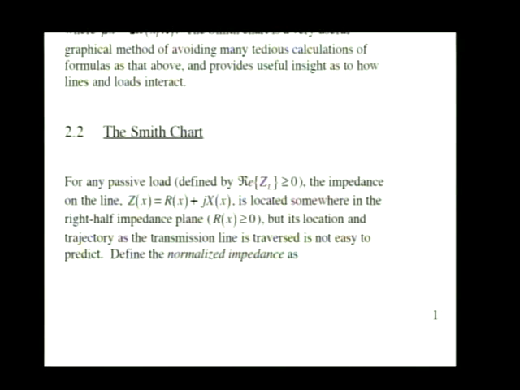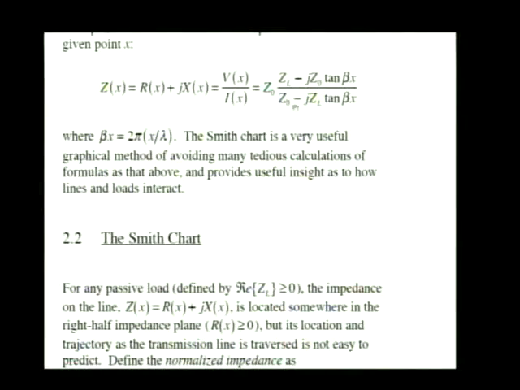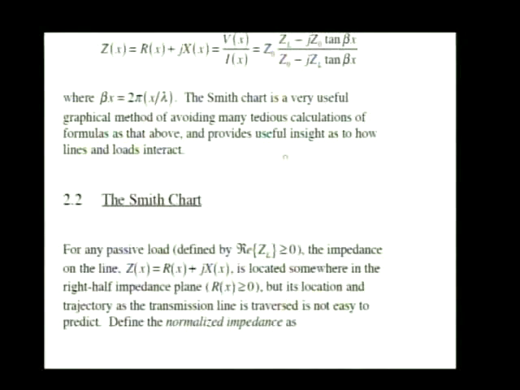For any passive load, the impedance on the line up here, given by this formula, the impedance of any point on the line, as long as Z sub L is a passive load, is located somewhere in the right half impedance plane.